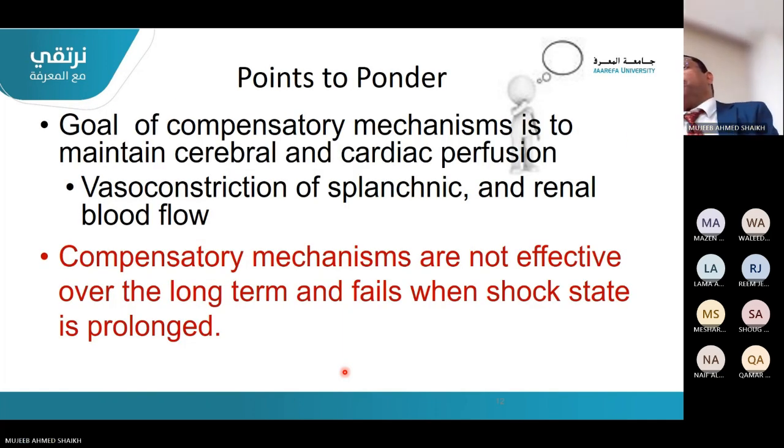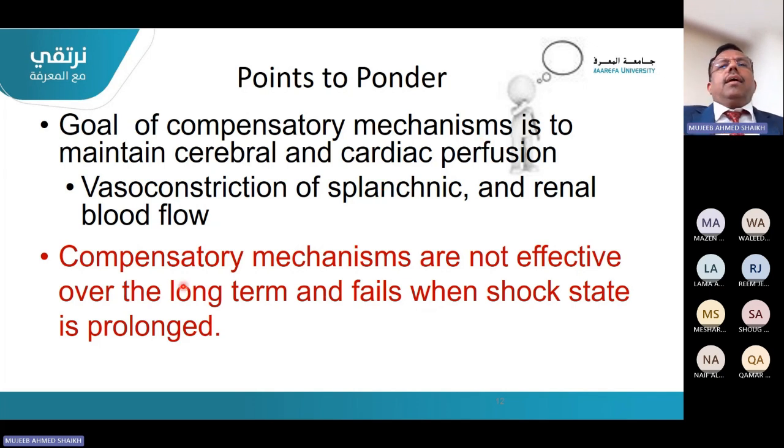But sometimes they are not useful and not sufficient, so the person will land into the second stage. This is the first stage. If the loss is minimal, it can recover on its own because of these inbuilt mechanisms. The aim of these changes is to bring the mean arterial pressure back towards the normal.